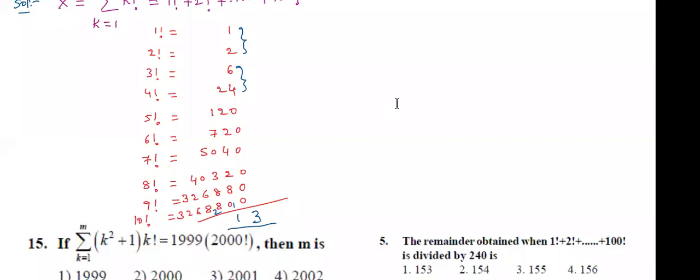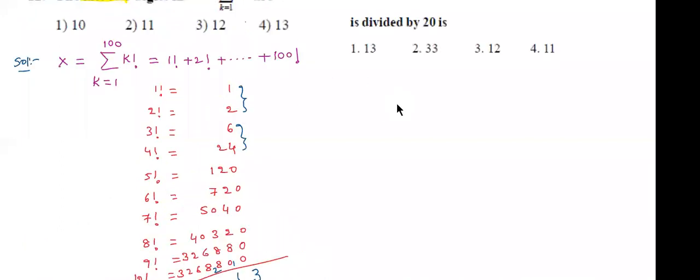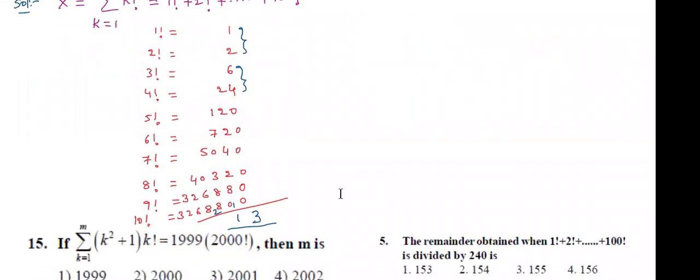13 is the answer. So the remaining terms are not needed. The last two digits mean the ones place and tens place, and the digits are 1 and 3. Students, have you understood? Why am I not writing the remaining terms: from 10 factorial onwards, the units place and tens place are zeros.